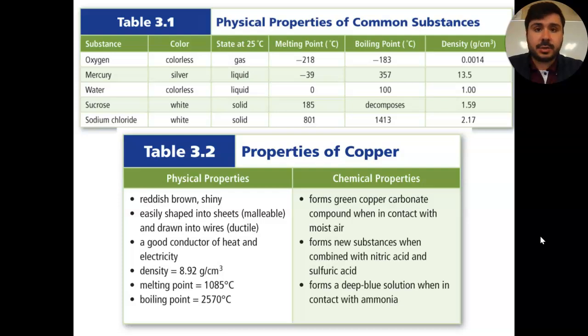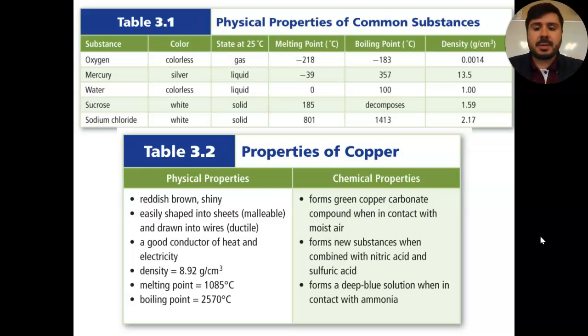It's very good at conducting electricity, and the metal itself is very easily drawn into wires. So it's a great material to utilize for electrical wiring. Again, it's a good conductor of heat and also electricity, like I just mentioned, and it has a very specific density of 8.92 grams per cubic meter.